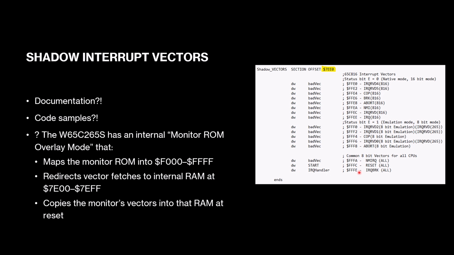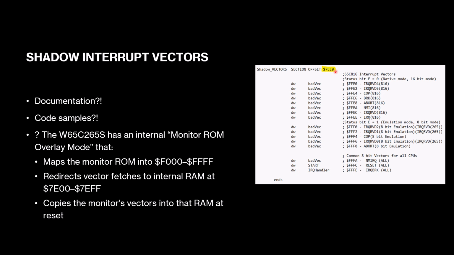Well, you can't update the ROM in the chip, so you have to come to this address, and it'd be like 7EFE, and whatever you point to in those two bytes at FE and FF, you can point to a routine, and if that interrupt happens, there is some linking between the FFFE and the 7EFE.